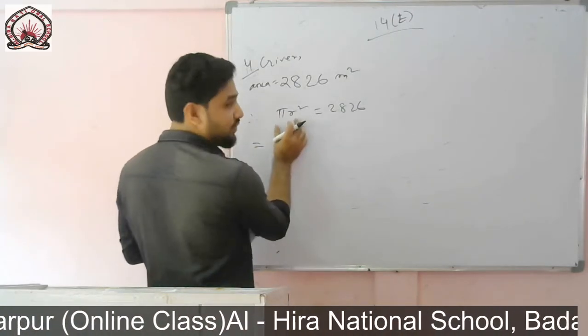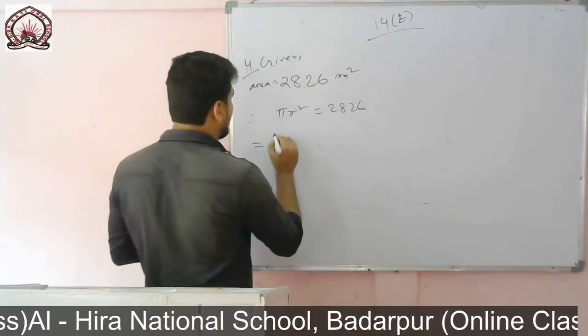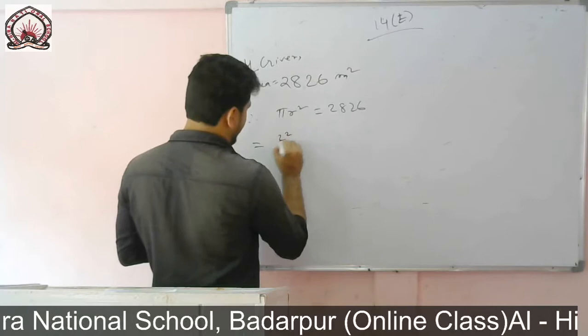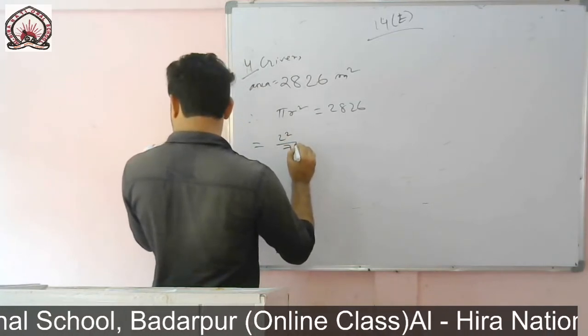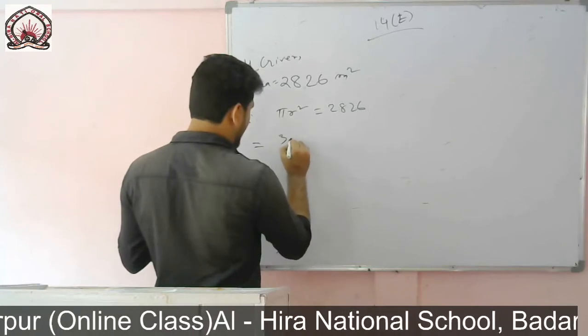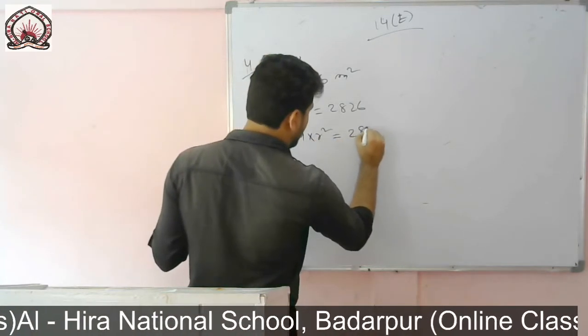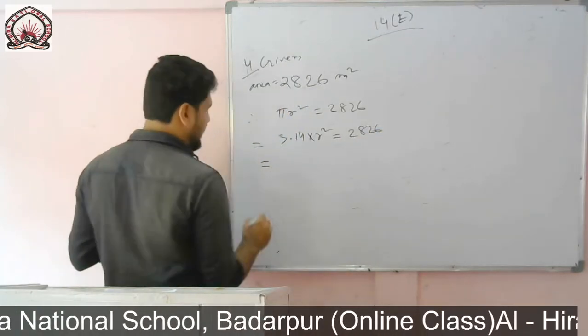We know the area formula, so in place of the area I can write 2826. Now you put the values using 3.14. Write 3.14 into r square equals 2826.